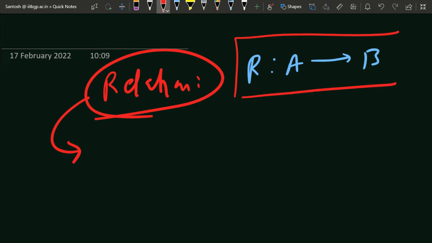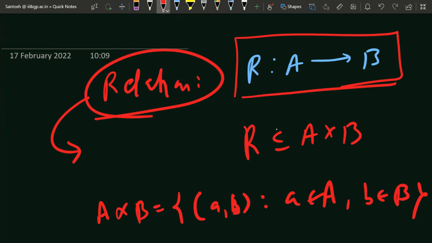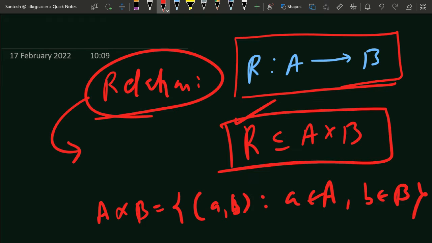If I write relation R is from A to B, it means R must be a subset of A cross B. And A cross B is a collection of ordered pairs (a, b) such that a belongs to capital A and b belongs to capital B. Since R is a subset, R will contain the ordered pairs from A cross B that satisfy the condition of the relation.